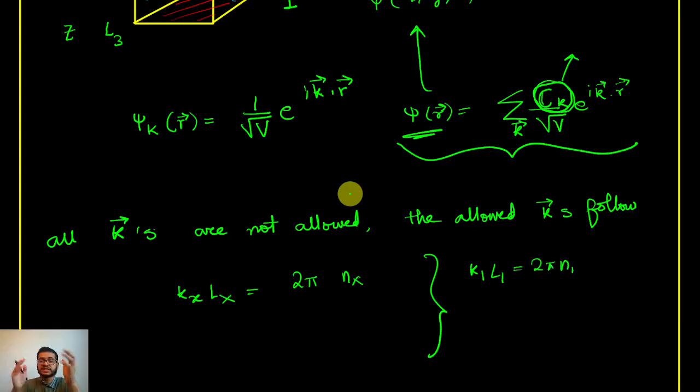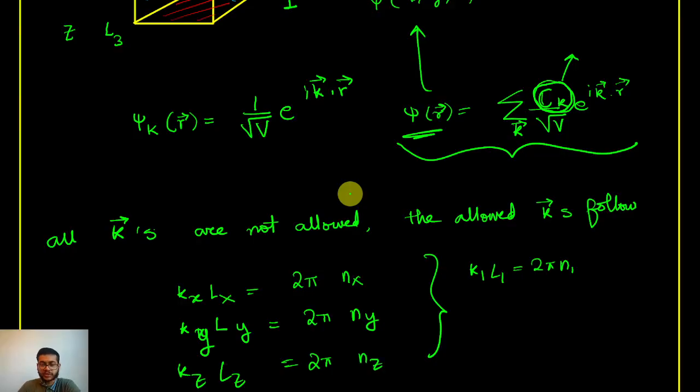These things are strictly applicable for a cubic system. If you don't have a cubic system, then these relations can get a little more complicated. But just to get a general idea, a cubic system is the best system to work in. So ky ly equals 2 pi ny, and kz lz equals 2 pi nz. This is what we get for the periodic boundary conditions.